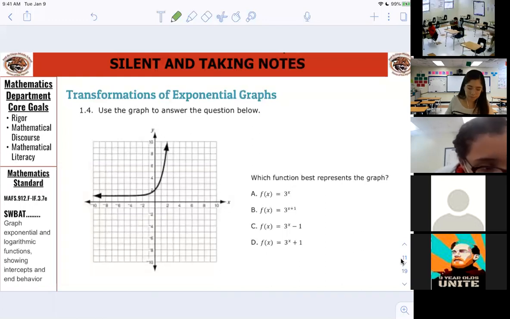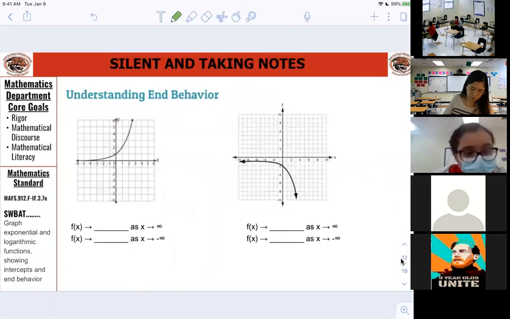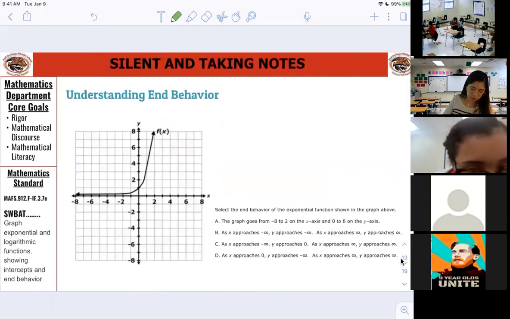The y-intercept of this one is 0, 2. What about the y-intercept of this one on the right? 0, -2. What about here? 0, 1.